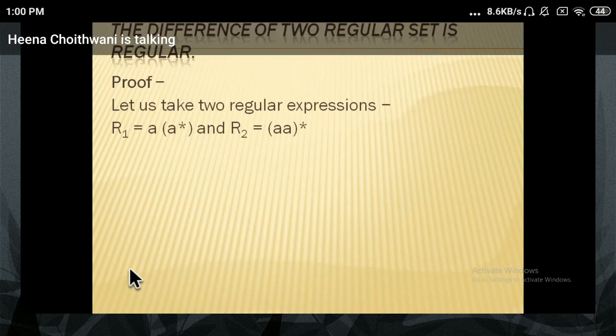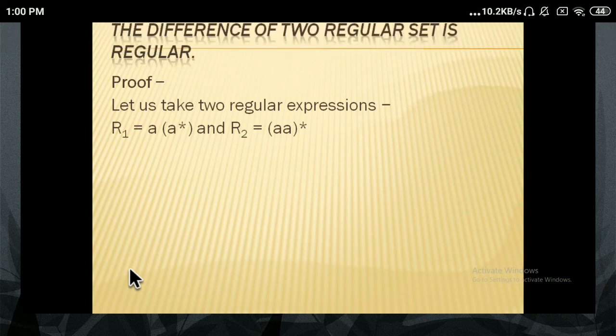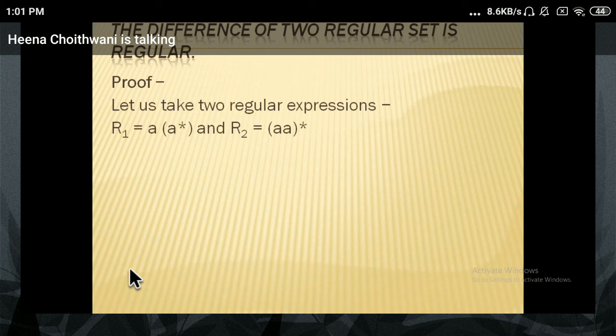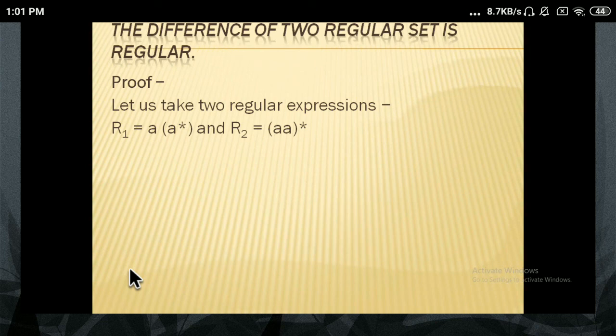Now my first set is having all the possible strings which are made up of A, excluding epsilon, and second set is having all the possible strings made up of A, even in length, including epsilon. What will be the difference if I say R1 minus R2? So what difference will you have? The odd ones will remain in the difference, the even ones we will cut, right?